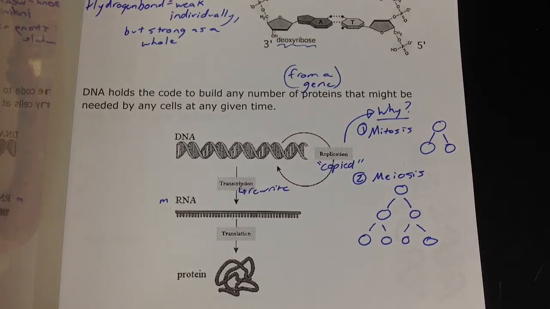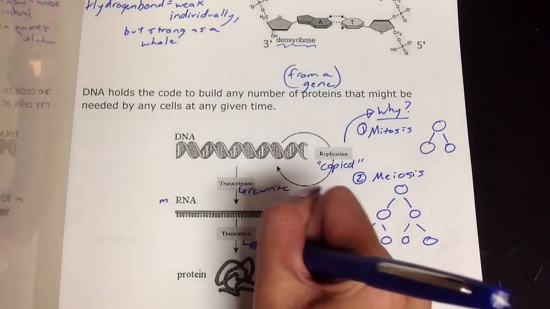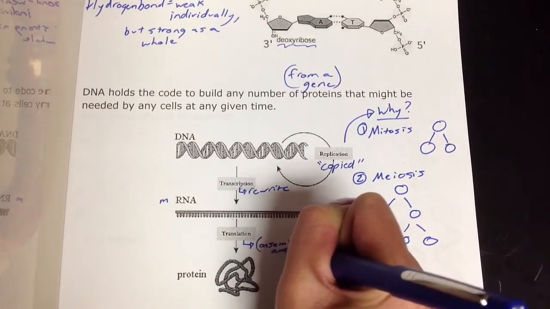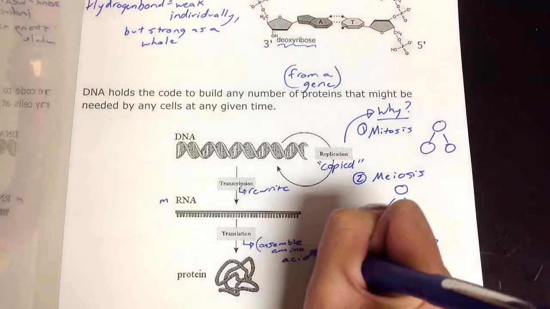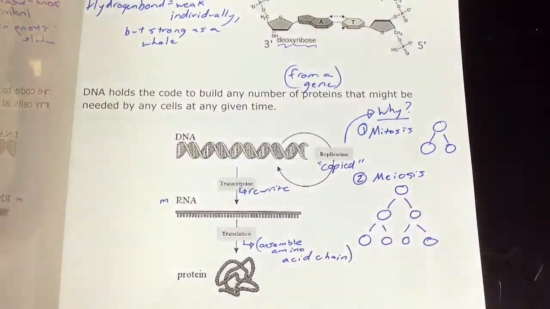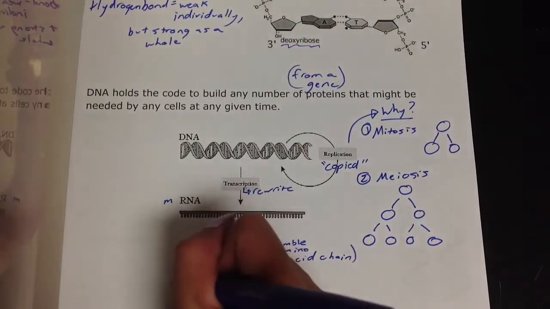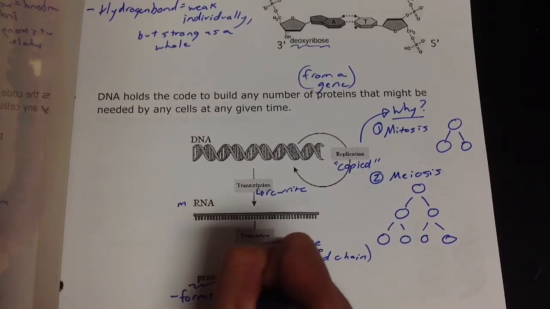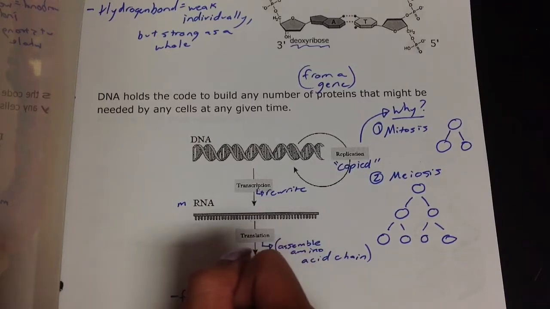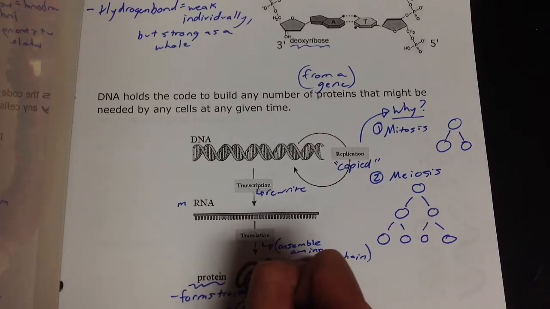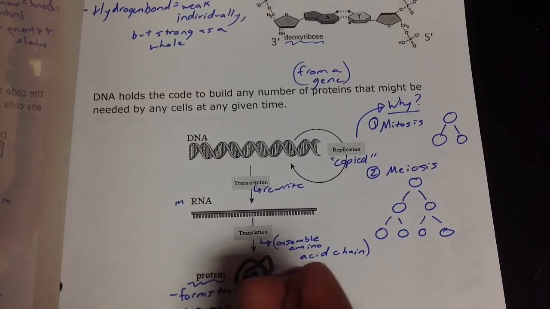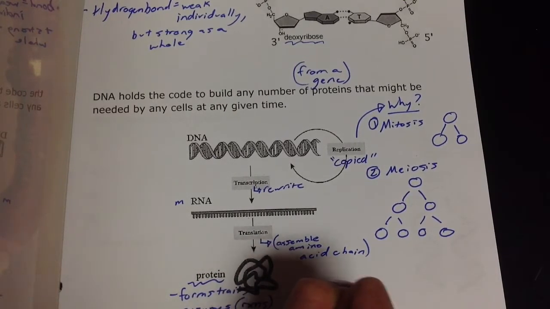Then later on during translation, this is where we assemble the amino acid chain to eventually build our protein, reminding us that our protein actually forms our traits. They can also become enzymes to speed up reactions. And some examples of some traits would be pigments, such as eye color that we've talked about.